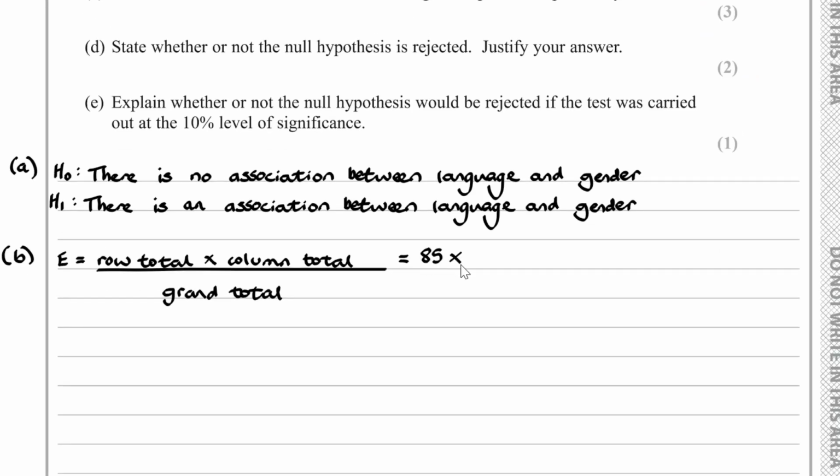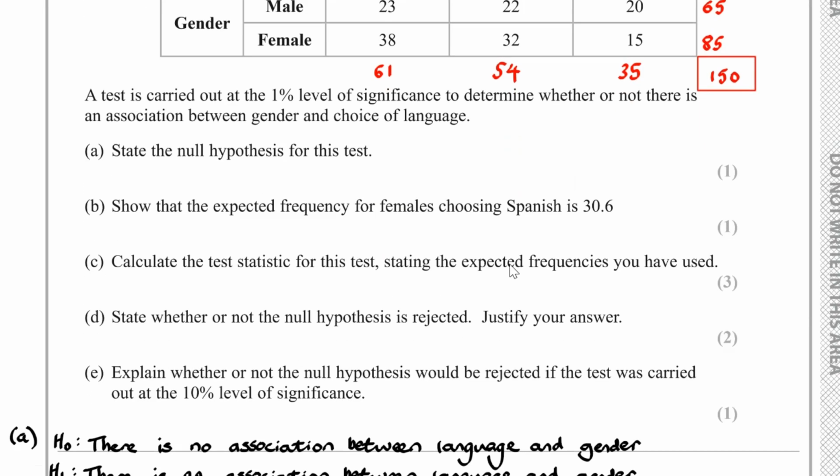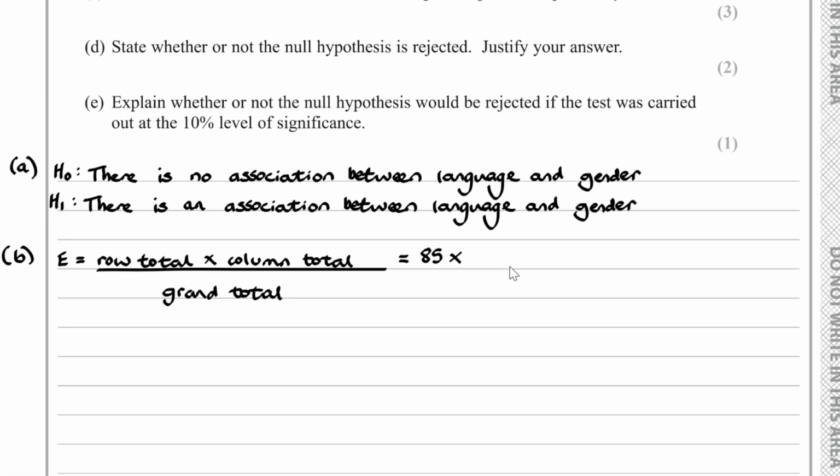And then we multiply this by our column total for Spanish, that would be 54. And then we divide this by the grand total, which we said was 150.